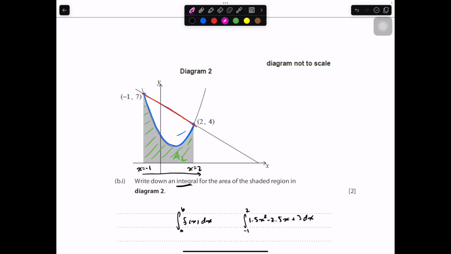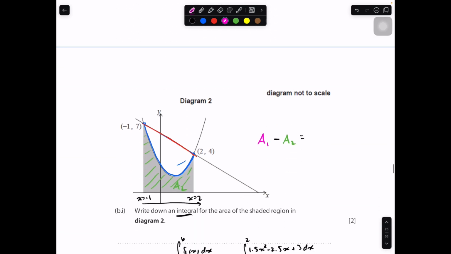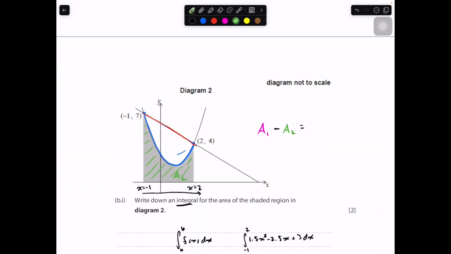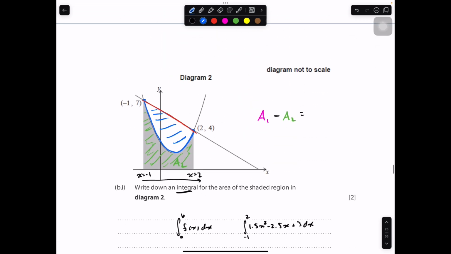We know that A1 minus A2 should give us the area of the enclosed region. A1 is everything below here, and if we take out the area of A2, this green region right here, we're only going to be left with this right here. The area enclosed between, let's say, area enclosed.